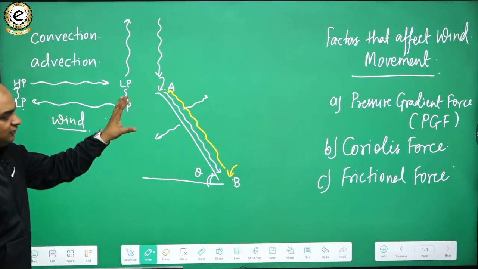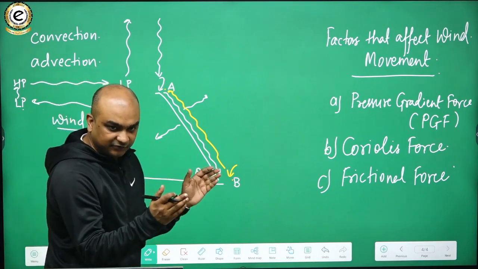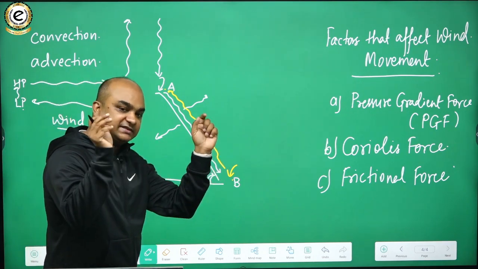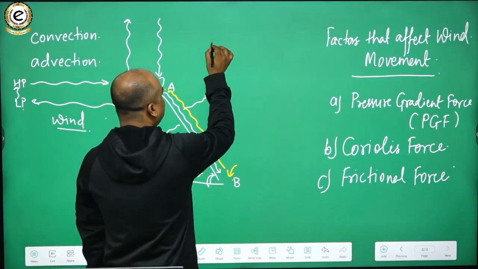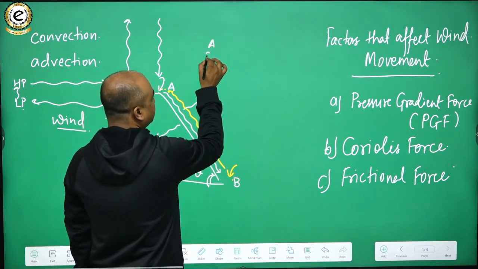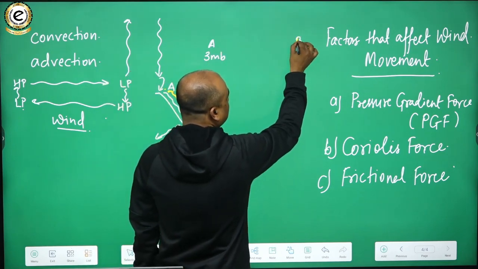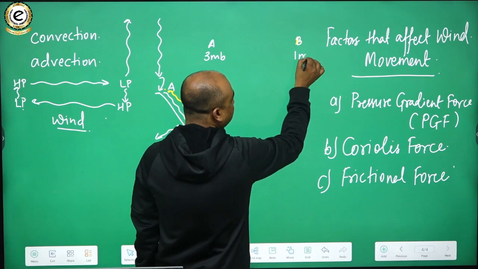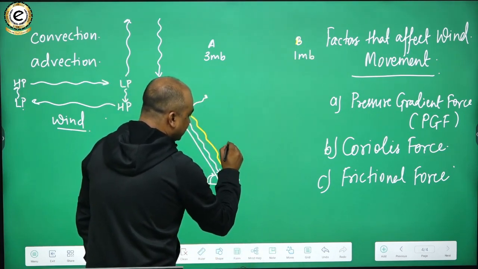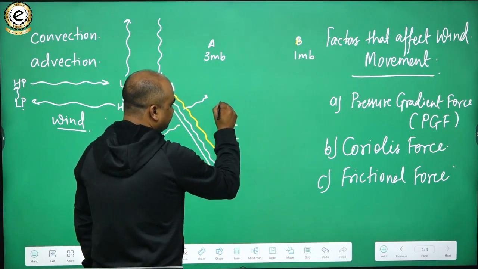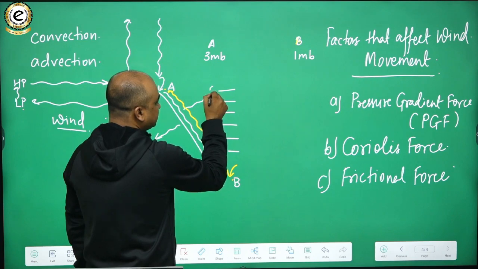So, what is the pressure gradient? Pressure gradient is nothing but the difference between two places' pressure points. Like say for example, we have a place called A and the pressure here is 3 MB, and we got another point called point B, and here suppose the pressure is 1 MB. So if I suppose have these kind of markings, say 1 MB, 2 MB, 3 MB, 4 MB, 5 MB, 6 MB.